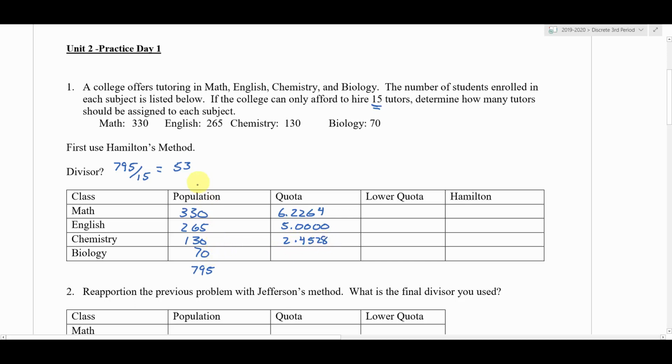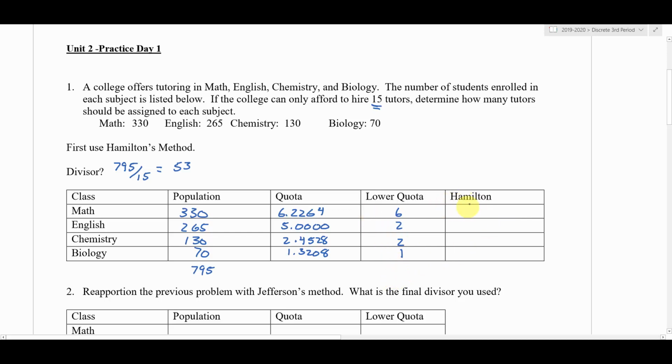And then 70 divided by 53 is 1.3208. Okay, so those are what we would call the initial quotas, and what Jefferson said to do with these was to chop off the decimal portions and ignore them for now. So my initial quota, or what we call the lower quota, is going to be 6, 5, 2, and 1.